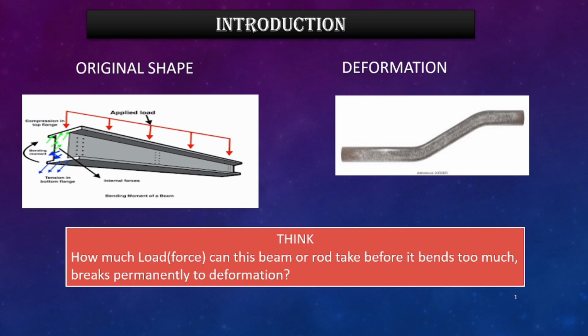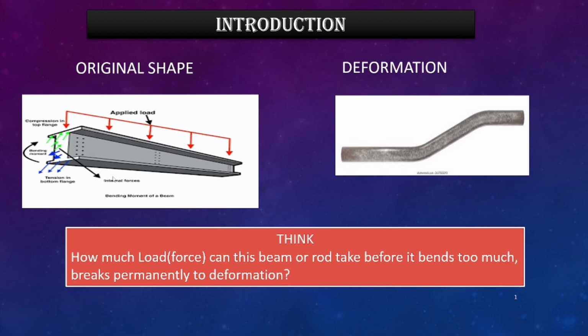Now, in this, we are bringing it to the engineering fundamentals of how this principle works. Think of it, looking at these two objects in front of you: how much load can this beam or rod take before it bends too much or breaks, with permanent deformation?